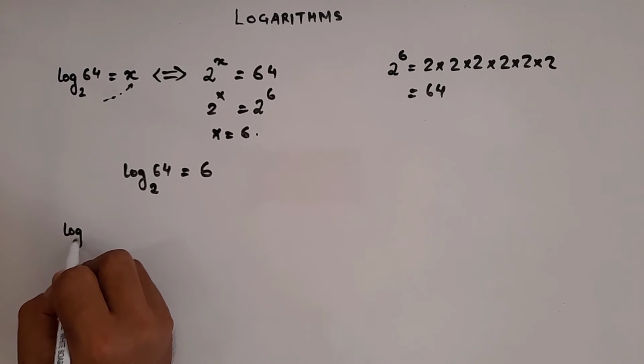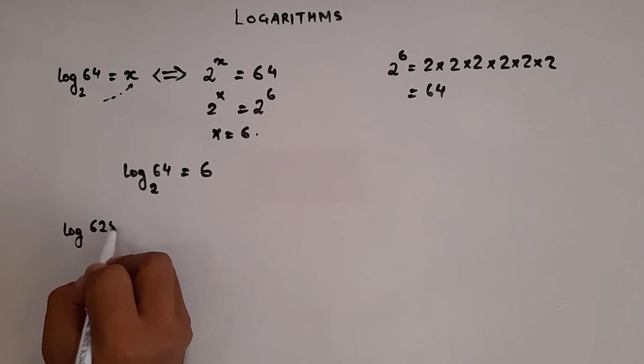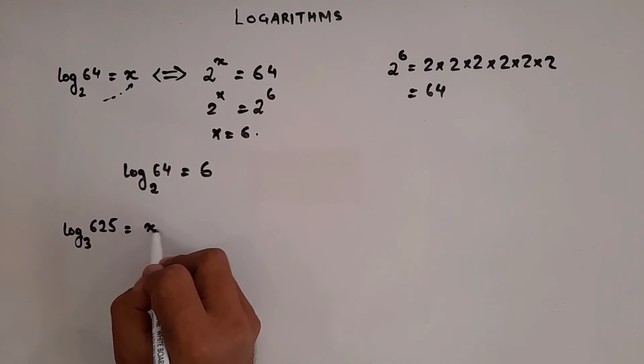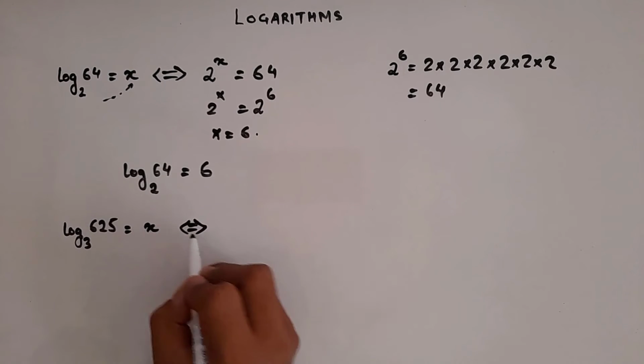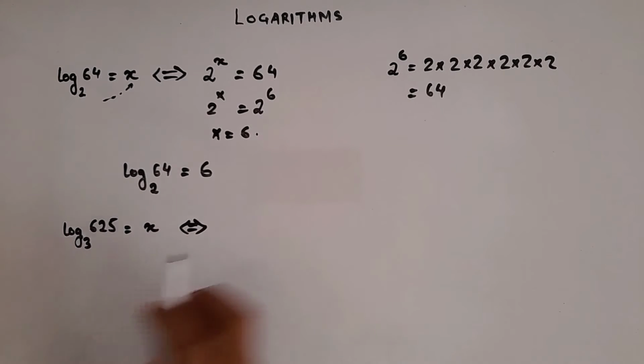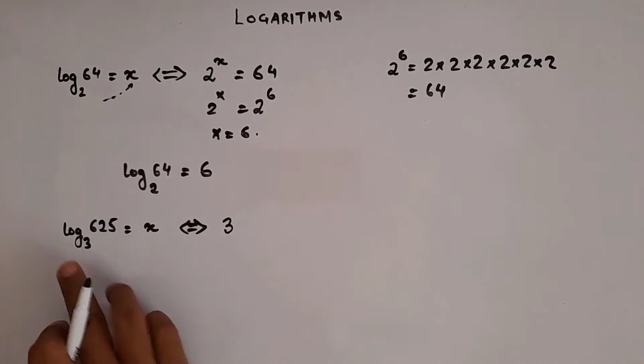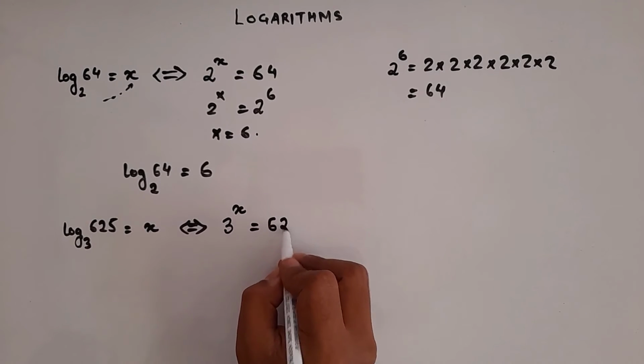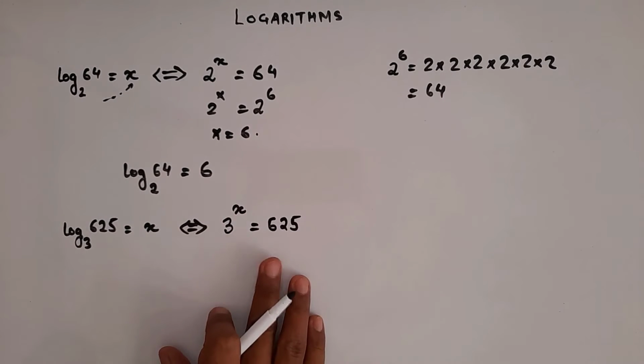Logarithm of 625 to the base of 3. Let's call it x. Then we can rewrite it in the exponential form, as always starting with the base. So that is 3 raised to the power of x equals 625. So here you can do your calculations. I'm not going to do the calculation here.